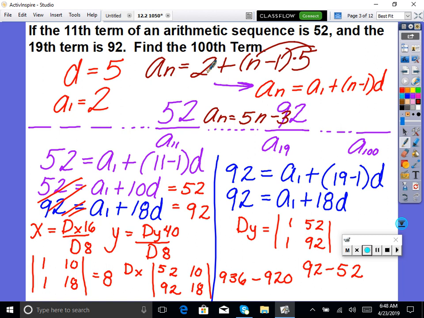So then from there, go ahead and plug in 100, because we're finding a sub 100. So 5 times 100 is 500 minus 3. So wouldn't that be 497? So 497 is our final answer. So a lot of times it just takes a lot more work to get to your answer because you've got to go plug in what you know.